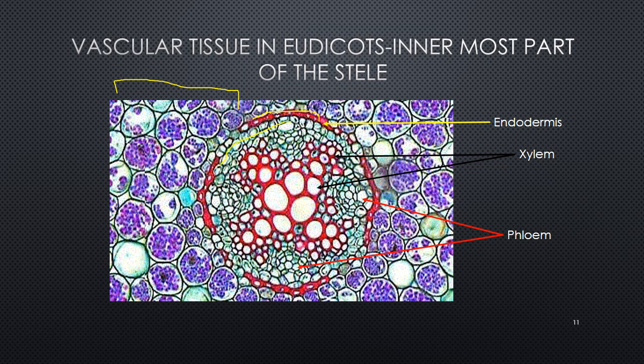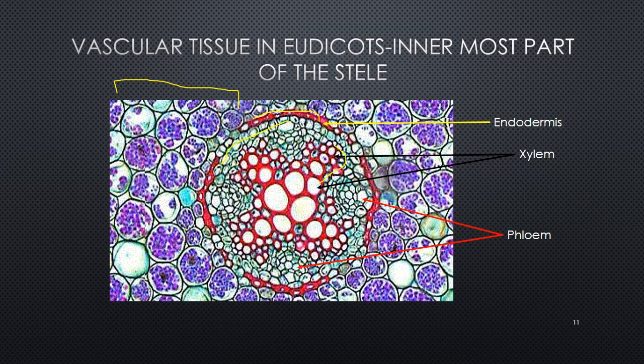And so the pericycle, along with the xylem and phloem, make up the stele. So in a root of a eudicot, there's this star pattern of vascular tissue. And that's how you know when you do a cross-section that it's a eudicot in the root, because the cross-section looks like a star.